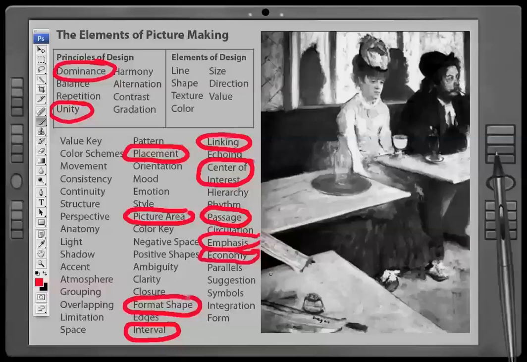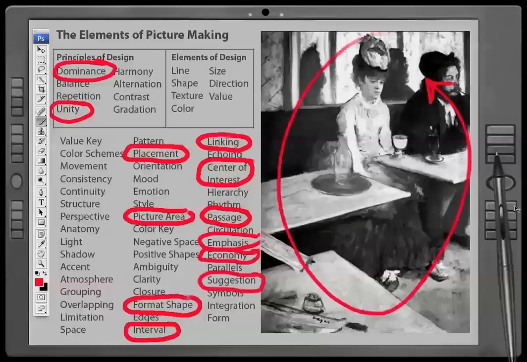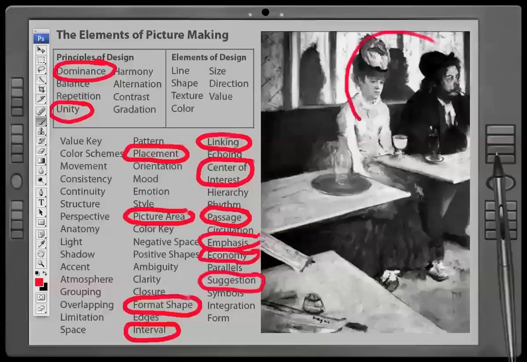Moving on now to another element of picture making, which is this one here, suggestion. Now, how does suggestion figure into this painting? Well, the way it works is that at the center of interest, that's where most of the detail is established.